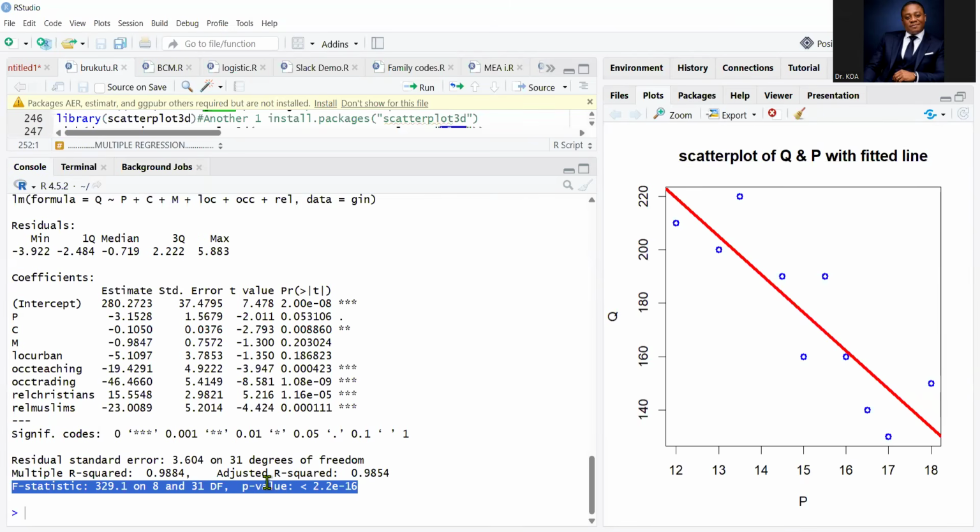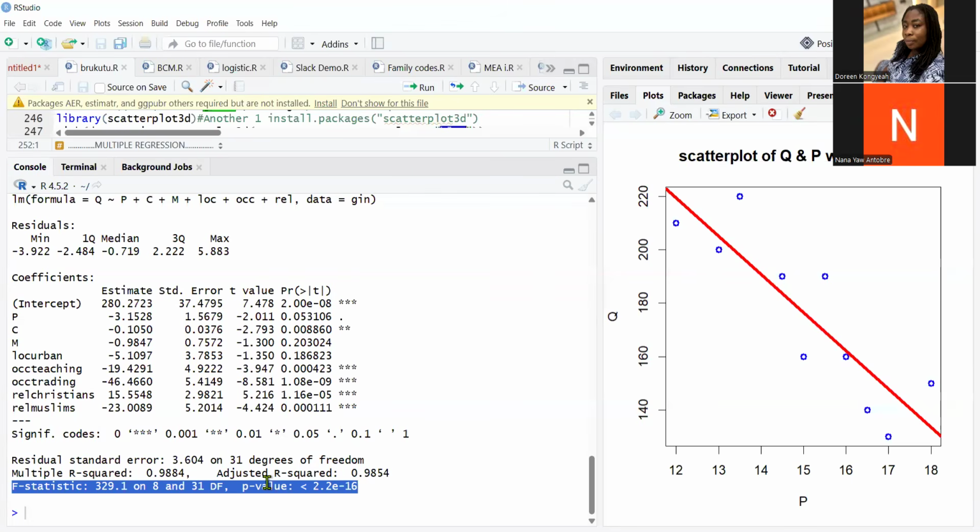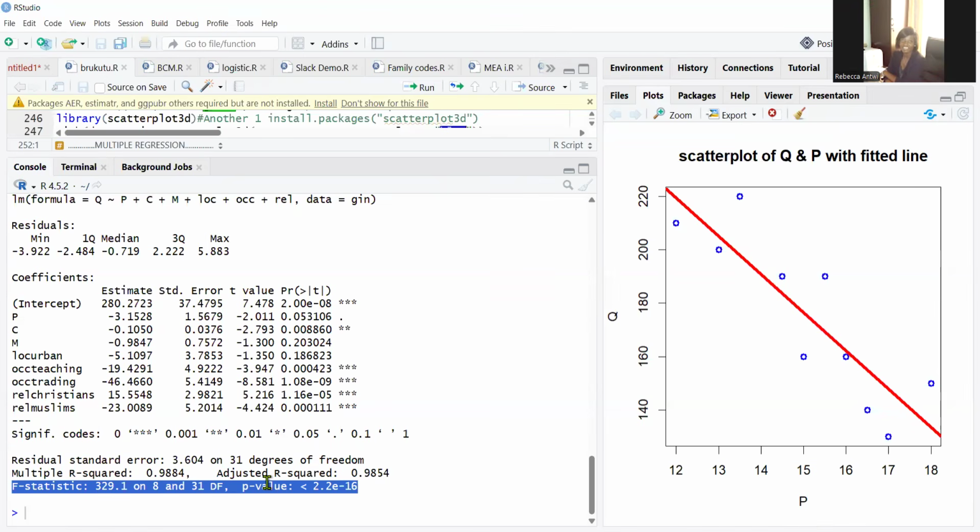So when you look at the p-value of the F statistic, it is approximately what number? Rebecca. 0. Okay, therefore, what will be the conclusion? Are the independent variables jointly or collectively significant?